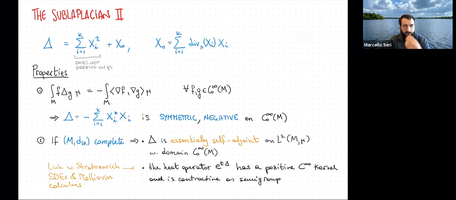This opens a lot of questions about its content, its trace, relation with stochastic calculus and Malliavin calculus. I'm not going into that, but you can do all this stuff because it's all well defined. So we have a symmetric negative operator that in some cases is essentially self-adjoint.